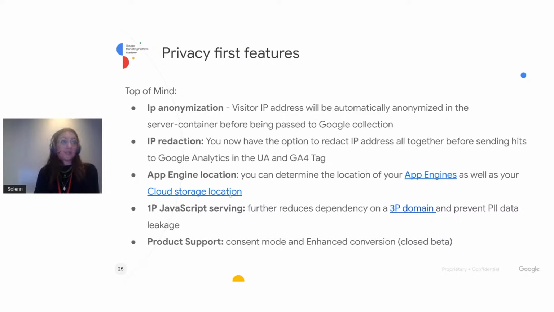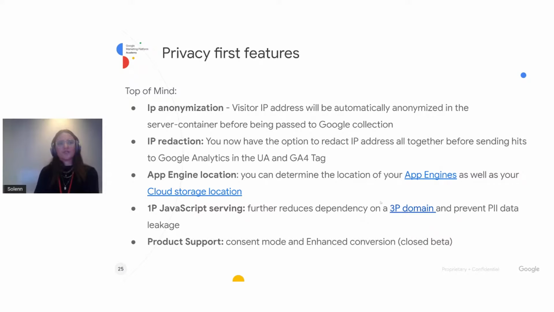Then first-party JavaScript serving. I will also have a few slides. So now it's possible from GTM.js and gtag.js, and so you don't need to load from Google domains. I think there was a bug actually, but the enhanced e-commerce JavaScript and Google Analytics JavaScript, third-party domains do not load the data anymore.